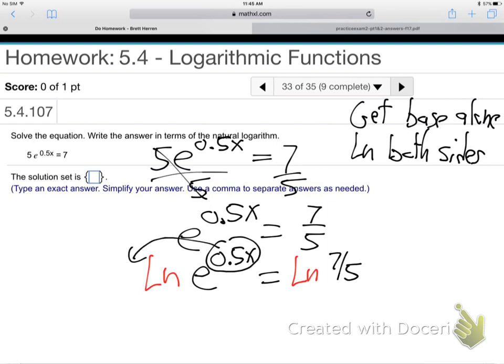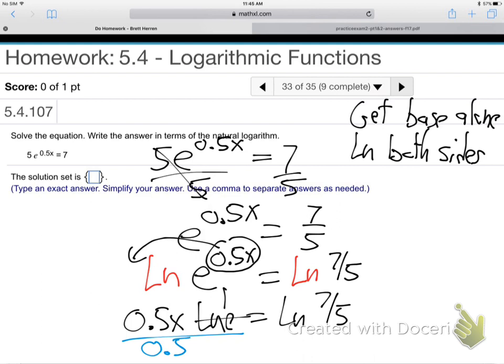The only thing we have that pulls powers down is the log. Okay, so 0.5x, ln e is ln 7/5. ln e is just 1, that's just gone. Now that x is out of power, it's not a problem, right? It's pretty easy. How do we finish getting x alone? Just divide by the 0.5.